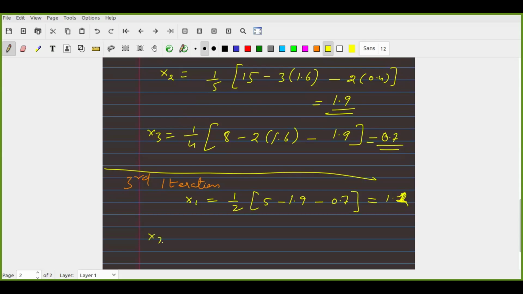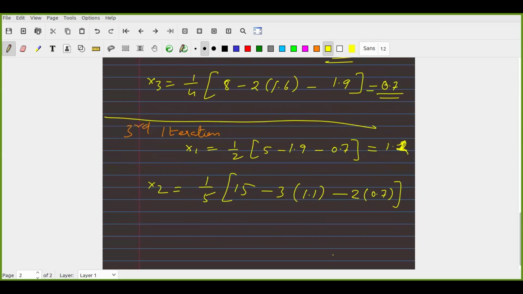Now x2 is 1 by 5, 15 minus 3 times the latest x1, which is this one, 1.1, minus 2 times the latest x3, which is still the older one, 0.7. This is like 3.3. This is 1.4.